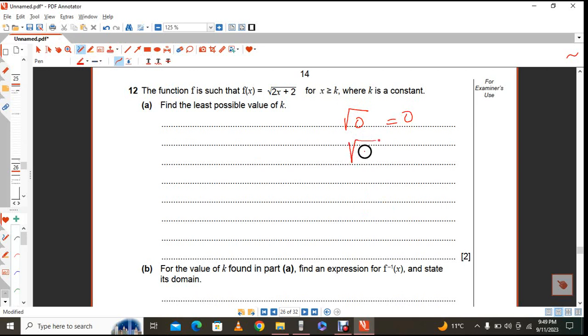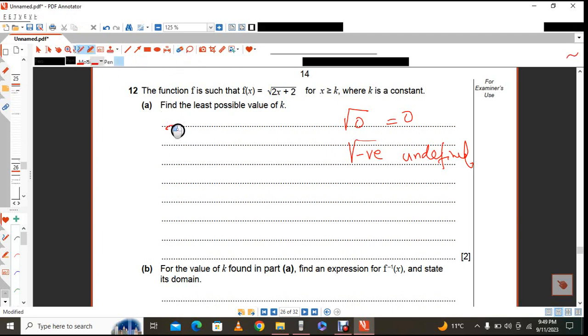But the square root of a negative number does not exist. It's undefined. So the stuff under the root, which is the 2x plus 2, should be greater than 0. Or it can even equal 0. That is something that is worth understanding.